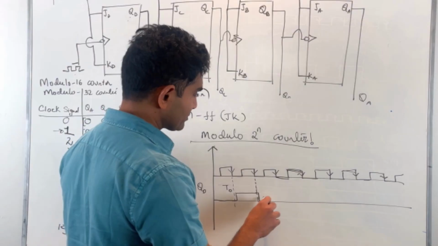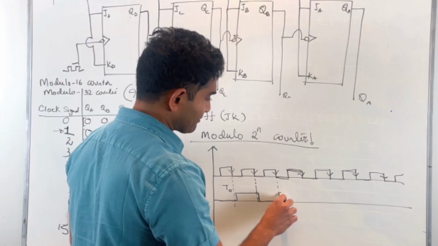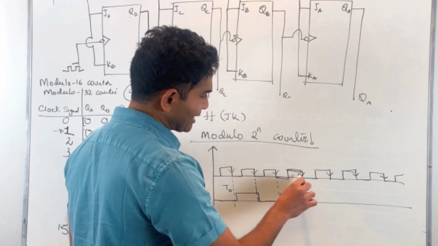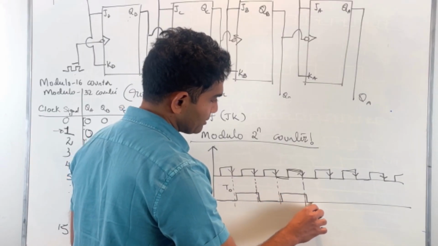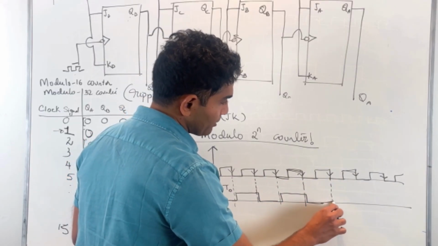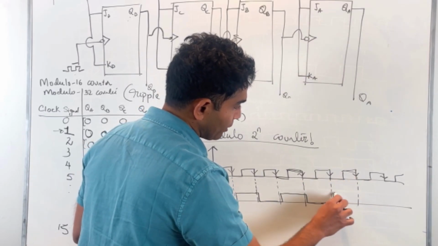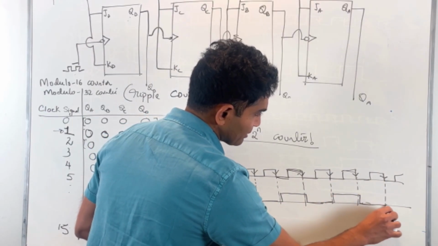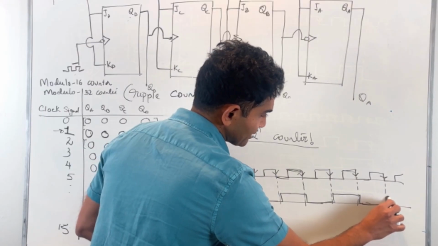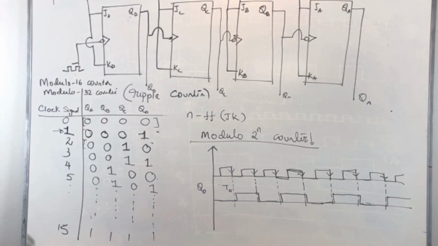And likewise, for every triggering instance, you will have this slight timing delay. If it is just one stage, it really does not matter, it is imperceptible. But remember that this particular signal is being applied as a clock to the next stage. So you can see that there is some finite timing delay, TD.